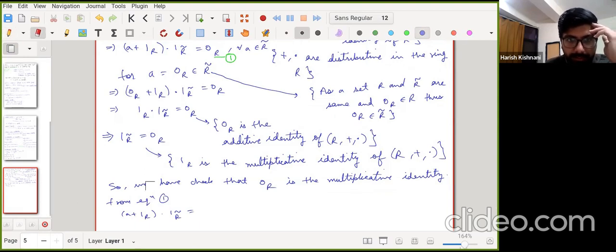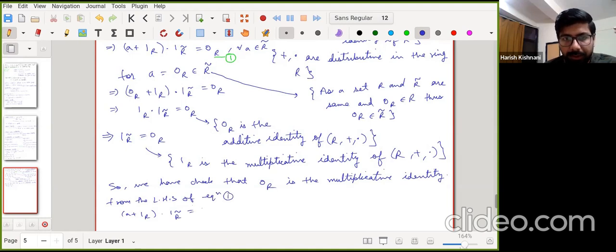Let me write it from the LHS of equation 1. We have to show that this LHS is actually equal to the RHS of that equation. So in place of 1 of R delta, now you can put 0 of R. Now these operations are happening inside the ring R, this plus, this dot, everything, and whatever be the element of the ring, if it is multiplied with 0, that is going to give you 0, right?